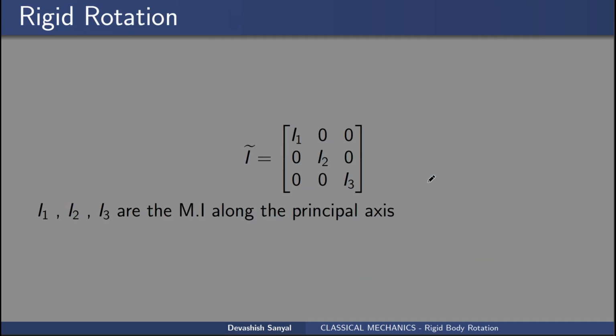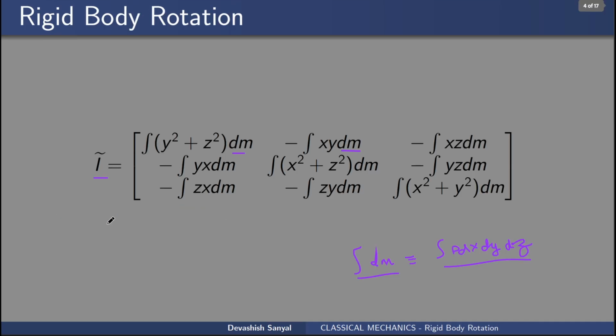If we are working in a coordinate system in which this moment of inertia tensor is diagonal, then that coordinate system consists of the principal axes of the system, and the moments of inertia along those principal axes are given by I1, I2, and I3.